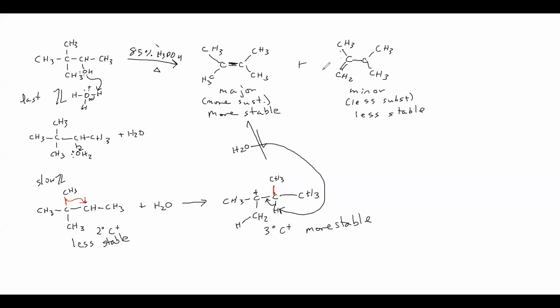Okay, now there are also beta hydrogens on these methyl groups. So here I've highlighted one. And so we also get some of our product forming by water abstracting one of those beta hydrogens to form that alkene right there.